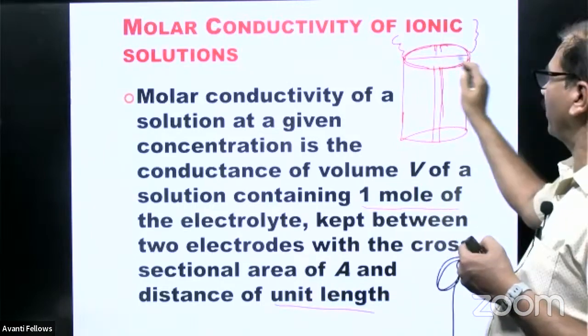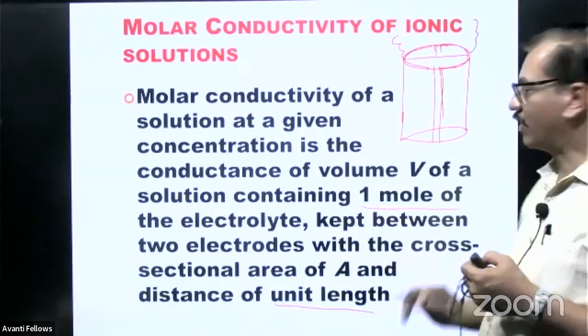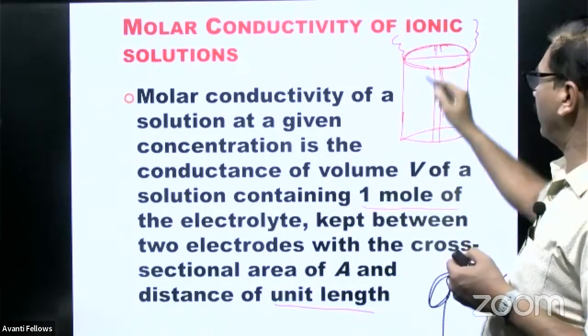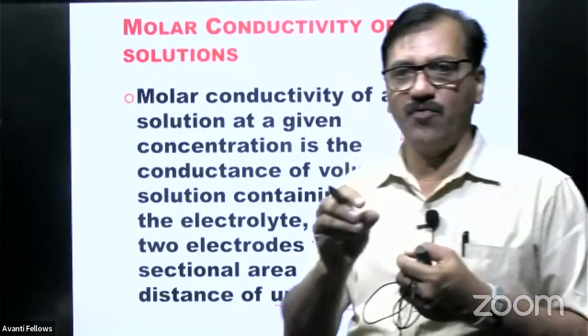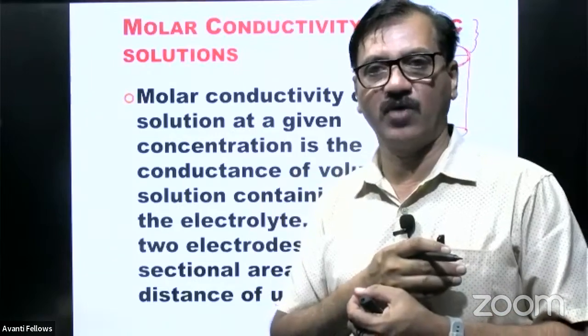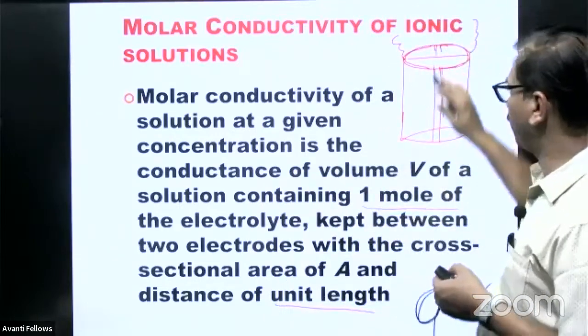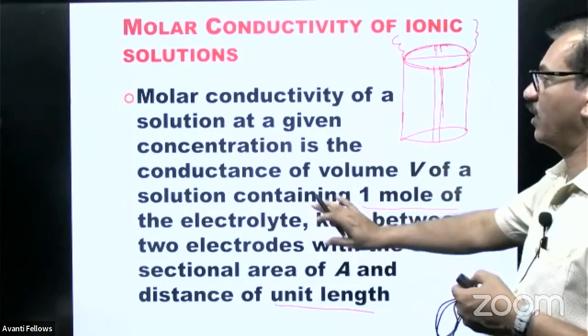The distance between the electrodes is the diameter itself, unit length, and you are taking the whole of the solution. If you have kept 1 mole of sodium chloride in 2 liters of water, the whole 2 liters should be kept between the electrodes and the measurement is to be done. This is what the meaning is.